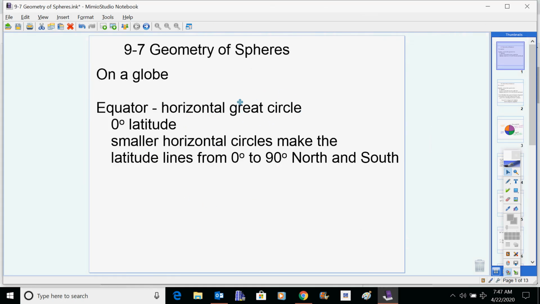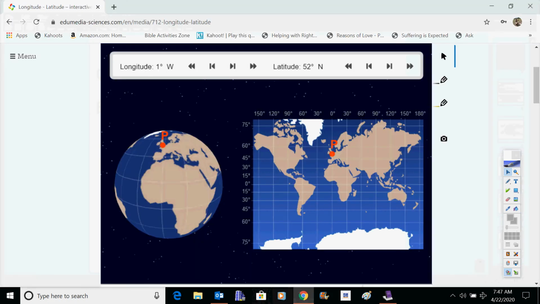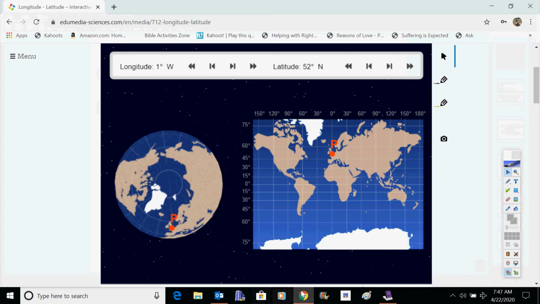So I'm just putting that out there. The equator is our horizontal great circle that goes all the way around. And then there are smaller circles. If we come back to here, the smaller circles, as we go further and further up, are these lines on the flat map.